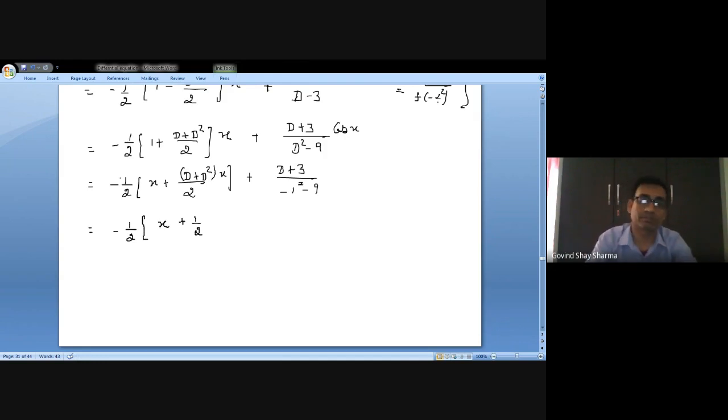Actually we take x inside, D x is equal to 1 and D square x is equal to 0. Plus D plus 3 upon minus 10 of cos x.